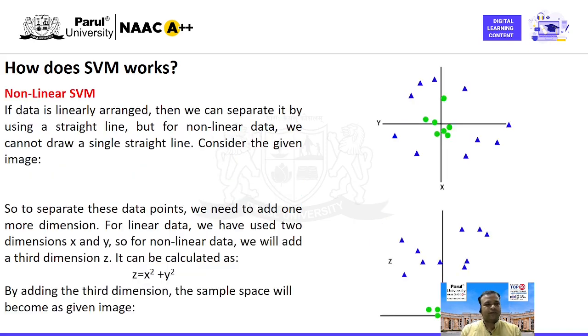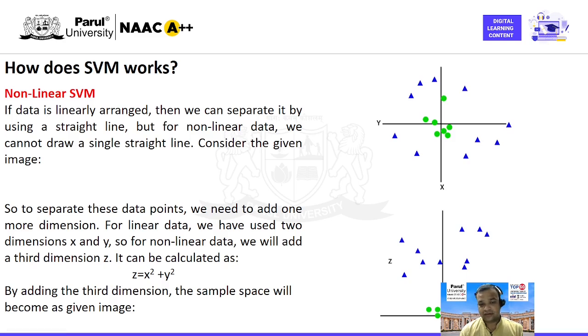Non-linear SVM. If data is linearly arranged, then we can separate it by using a straight line, as discussed in the earlier slide. But for non-linear data, we cannot draw a single straight line. Consider this image. How can we classify it? At the time of non-linear data, to separate these data points, we need to add one more dimension.